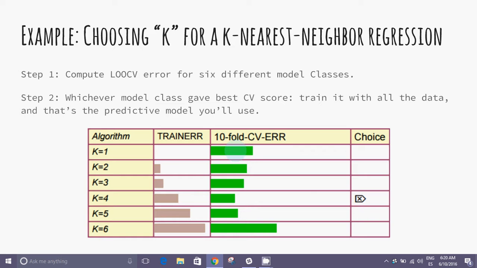Second question. Why stop at k equal to 6? No good reason, except it looked like things were getting worse as k was increasing.